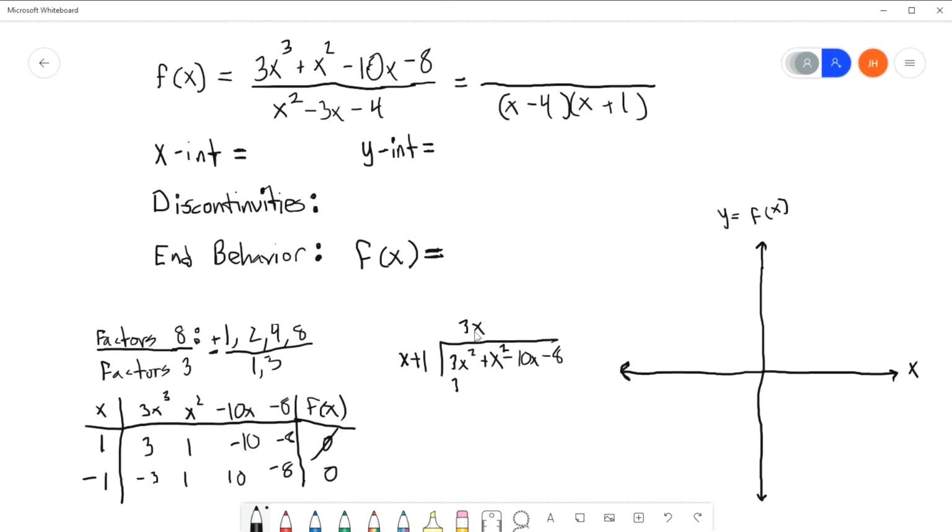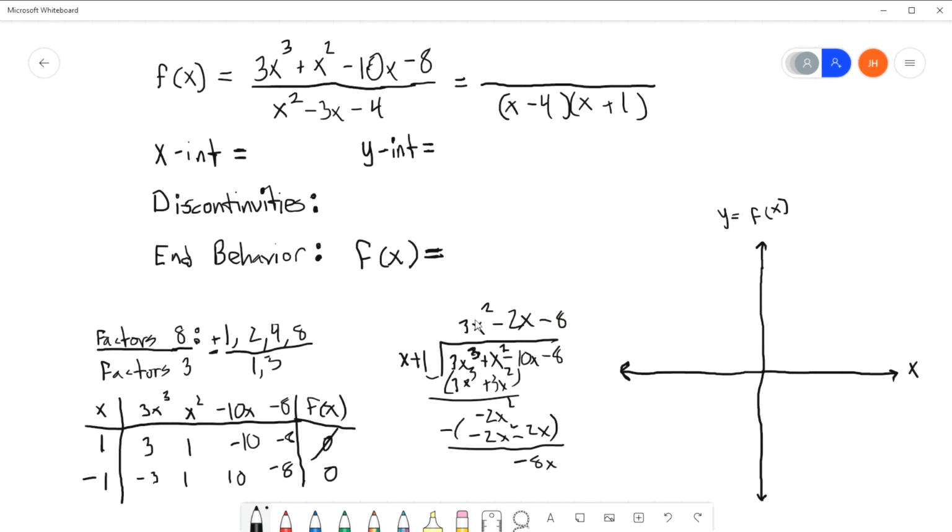I'd want 3x squared, because that times x is 3x cubed plus 3x squared. Subtract this. Makes minus 2x squared. So I need to do minus 2x. Subtract that. Negative 10 plus 2x would be minus 8x. And so I need minus 8.